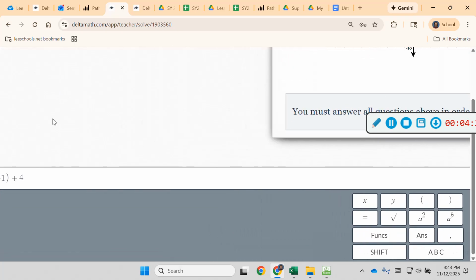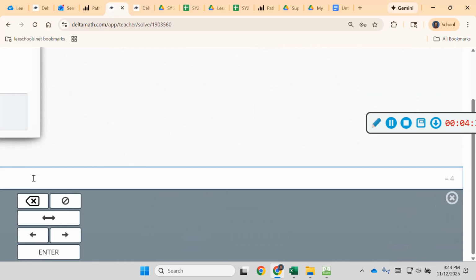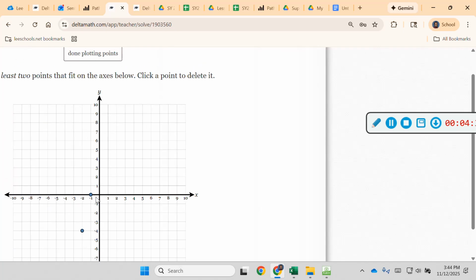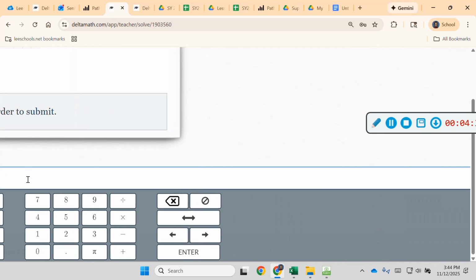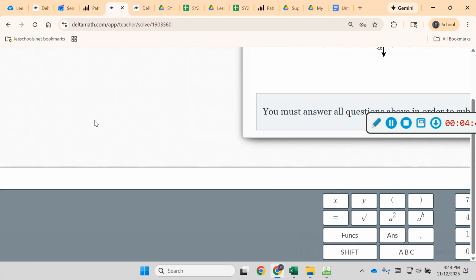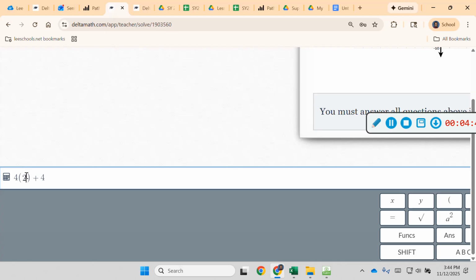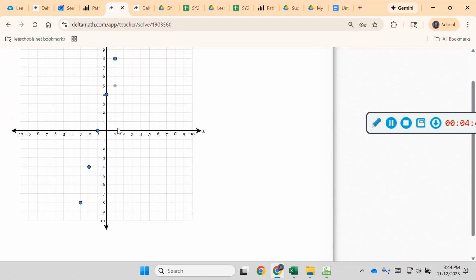If I try 0, I get 4. So 0, 4. If I try 1, I get 8. So 1 and 8. If I try 2, I don't think it'll fit on the graph. Nope, because I got 12, and that 12 doesn't fit for the y. And that'll be my line, guys.